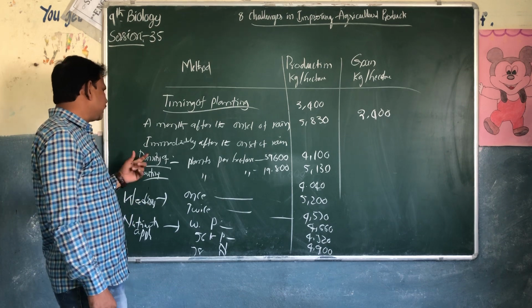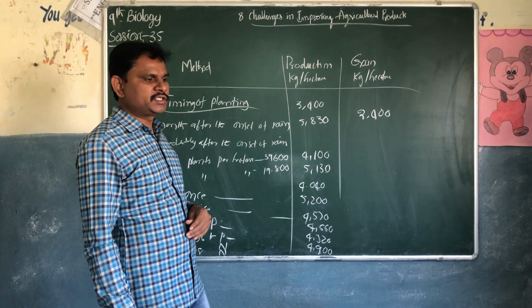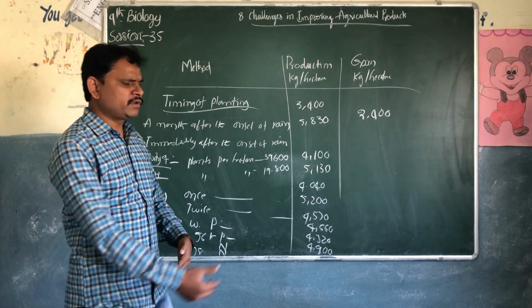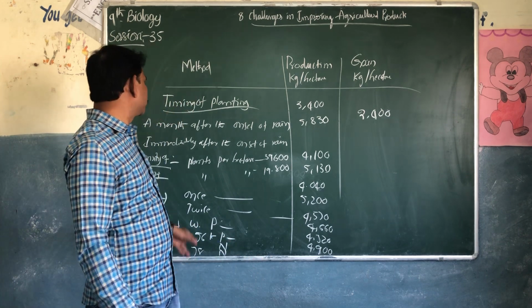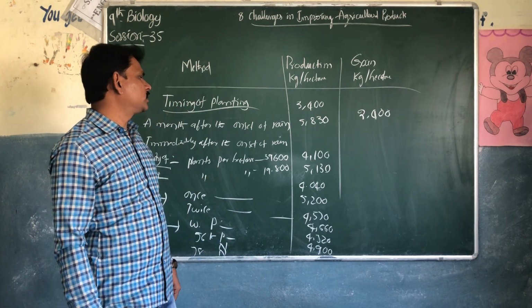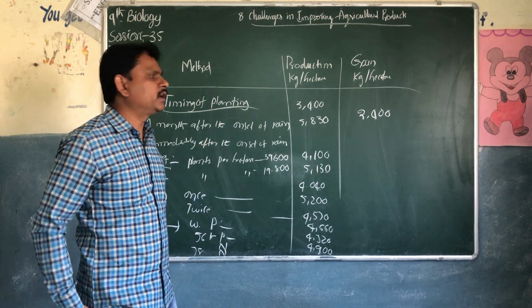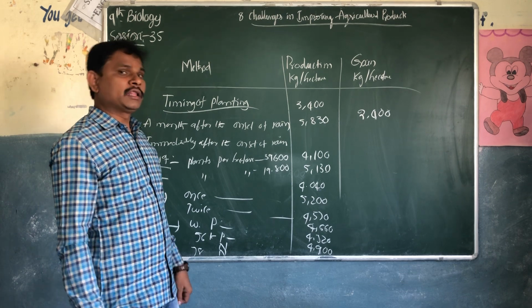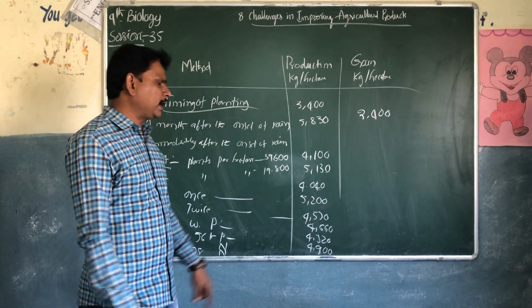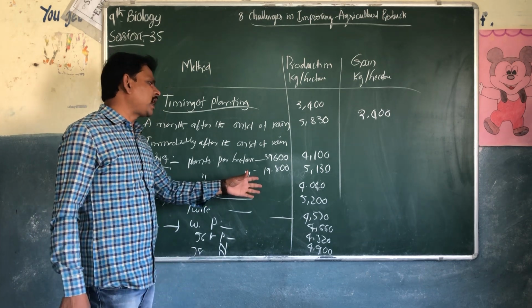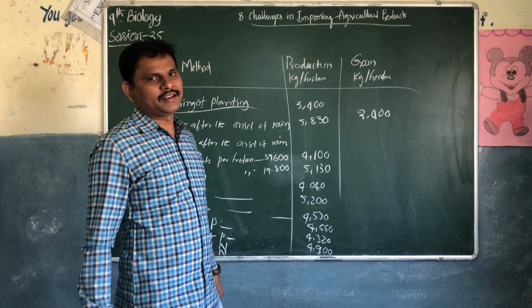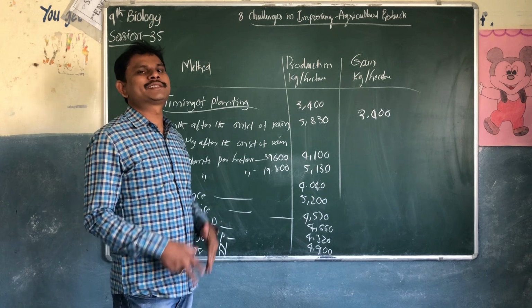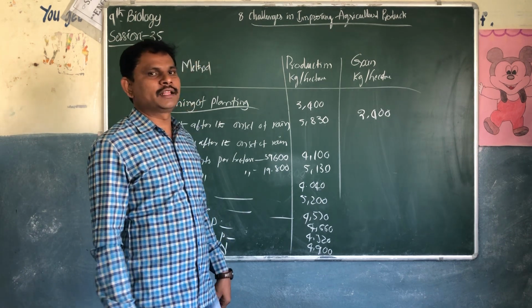The second one is the density of planting. One farmer sowed the seeds so that plants were very near one another, growing 39,600 plants per hectare. Another farmer on the same land grew only 19,800 plants. He used fewer seeds. Then what is the difference in production?